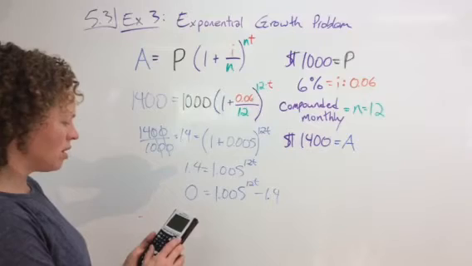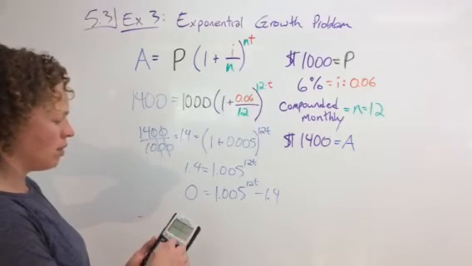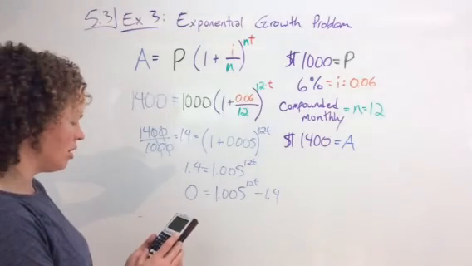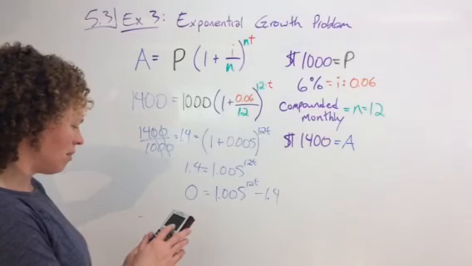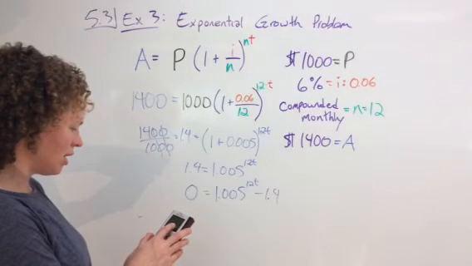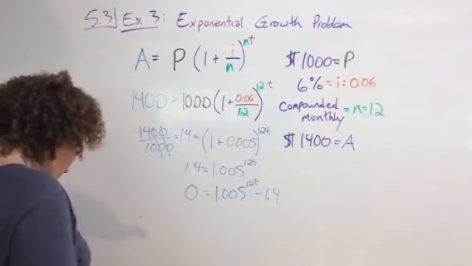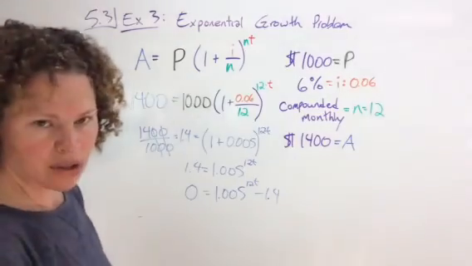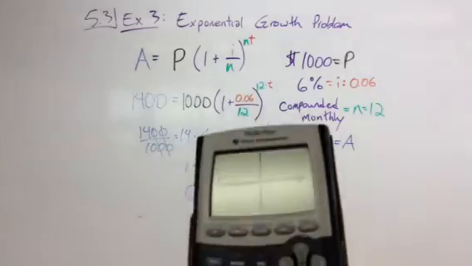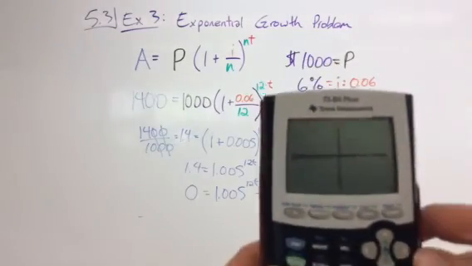And you might notice that your window needs to be adjusted a little bit, but I can see that mine looks like it's approximately at, let's see. All right, well, I can show you. It's hard to see because mine's a little bit flat.